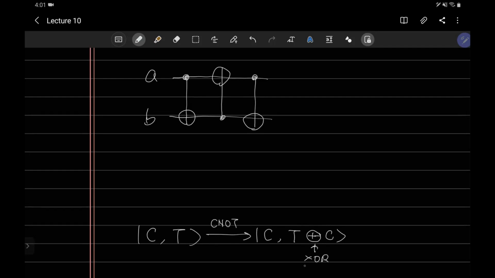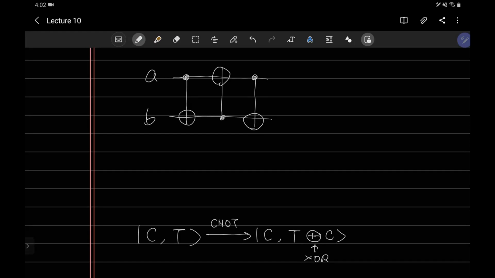That's why it is called XOR, or in the full name, exclusive OR. This OR does not allow both inputs to be 1. Only when exactly one of them is 1, the result of the XOR is 1. So that's the notation.